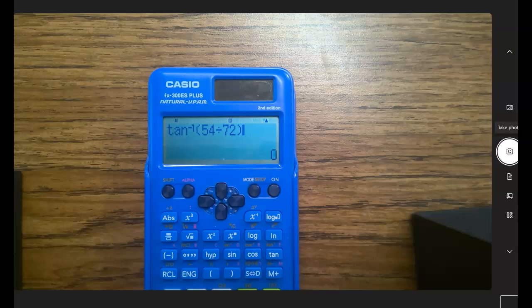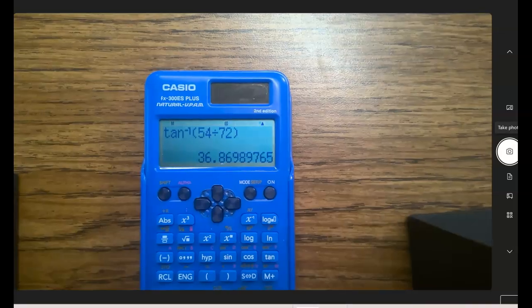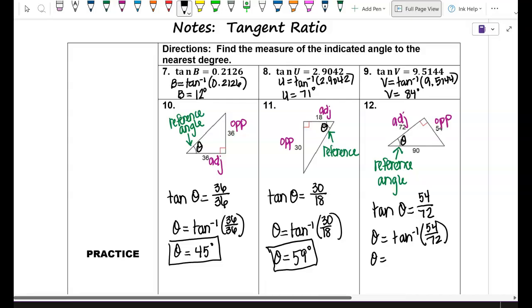And what is the measure of this angle? 37 degrees. Yeah, you get 36.8. That 0.8 says, hey, you need to round up. So this should be 37 degrees. I'm going to pause for a moment while you complete 13, 14, and 15, and then we will check your answers.